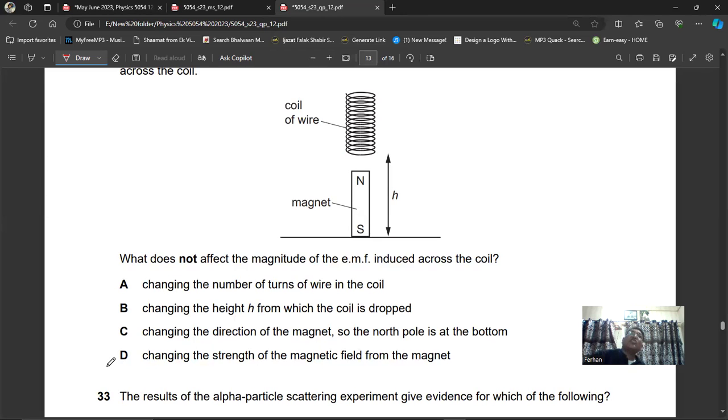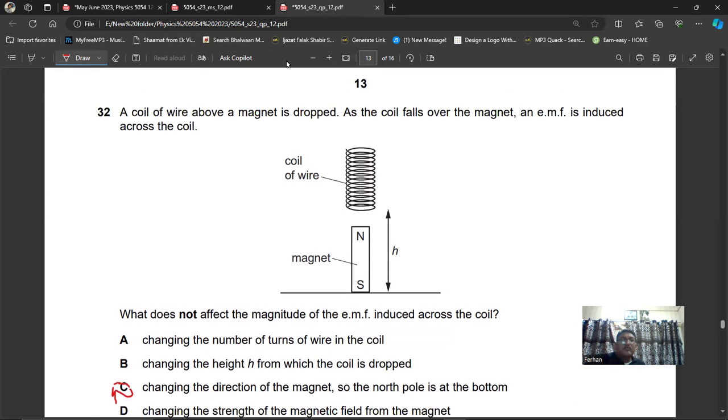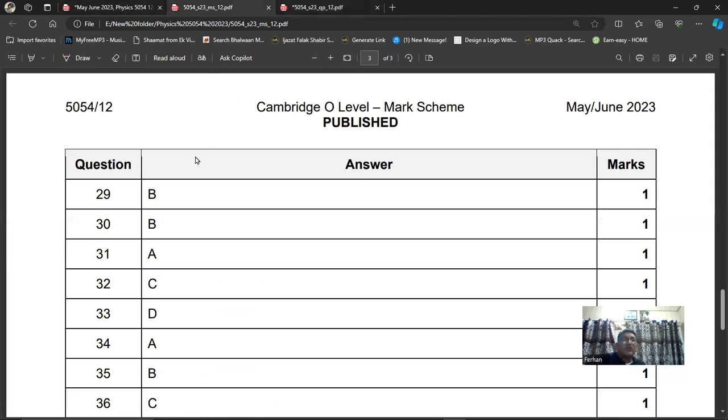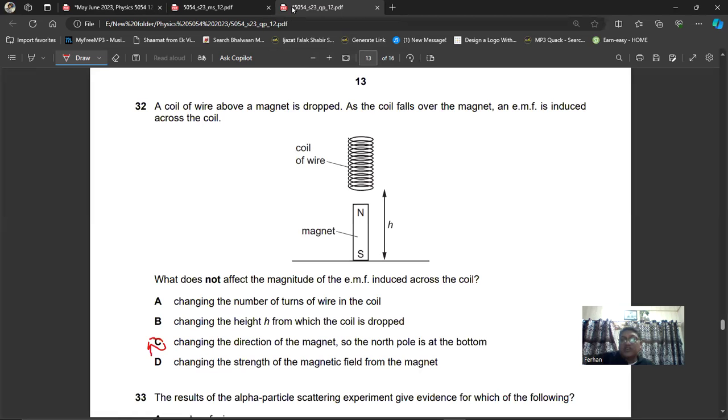It changes the direction of the EMF, but it does not change the magnitude. Changing the strength of the magnetic field from the magnet, yes, this affects the EMF. So I think C is the option. Question number 32, C is the right option, sir.